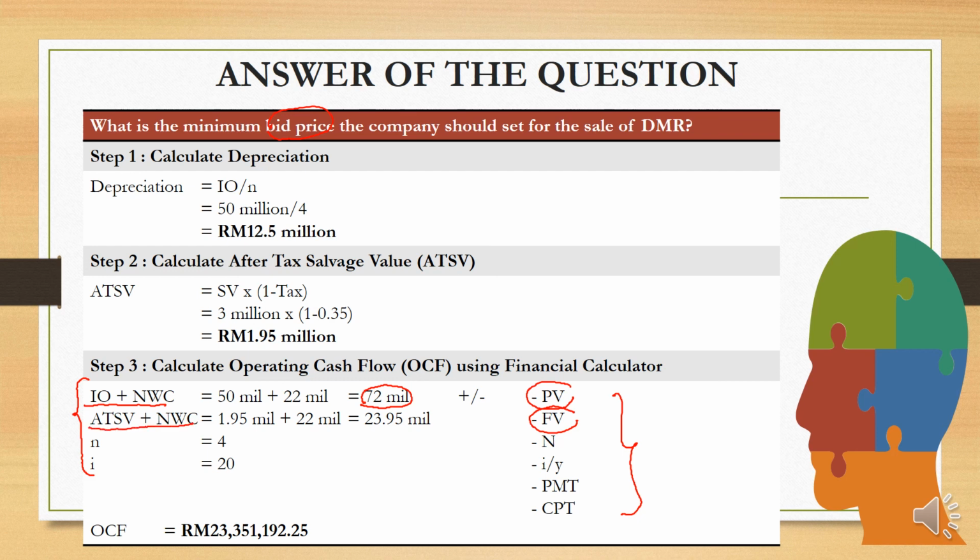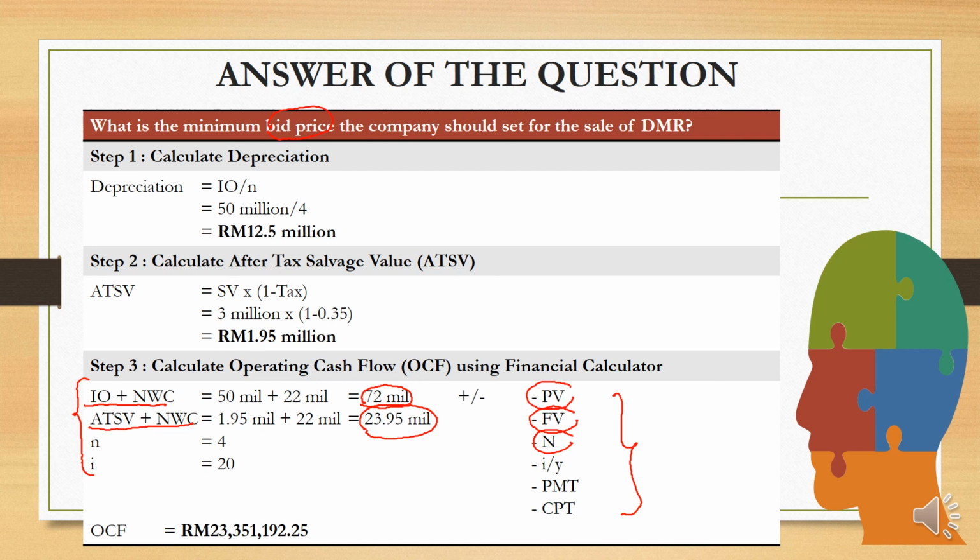ATSV equals 1.95 million plus net working capital 22 million, so the amount is 23.95 million. You will insert 23.95 million and then press the FV button.